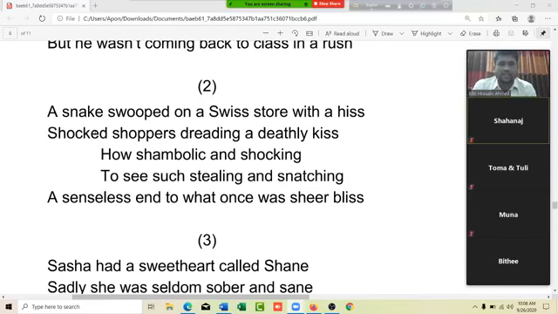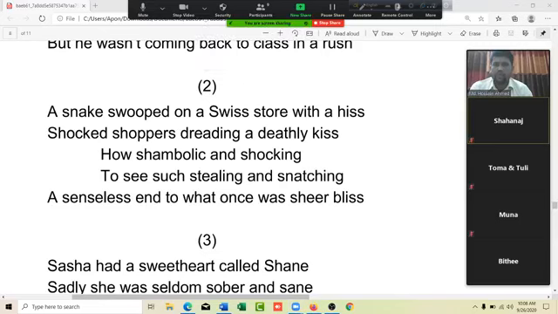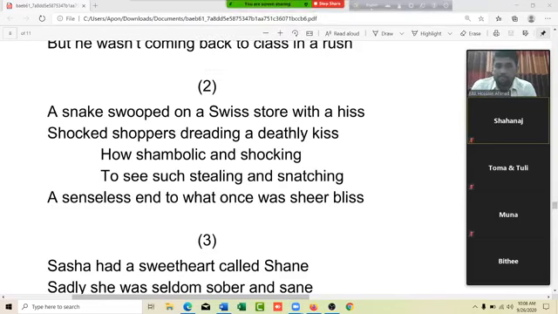SW is a cluster sound. Soaked, not soaped. And shambolic, not hish, but it is hissa, not sha. A snake swooped on a sweet store with a hiss, but Muna pronounced it hish.